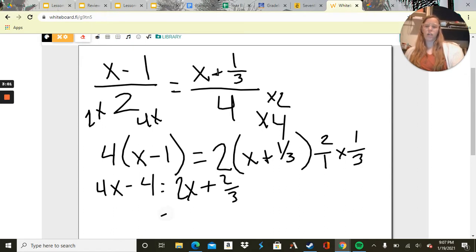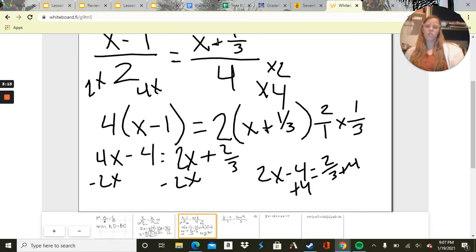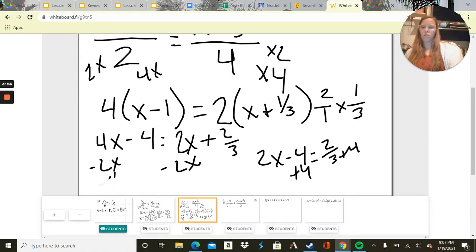Okay, so we're going to subtract 2x. So we get 2x minus 4 equals 2/3. We're going to add 4 to both sides. Sorry, this is a little messy. Let's fix that, I just want to use the eraser tool.